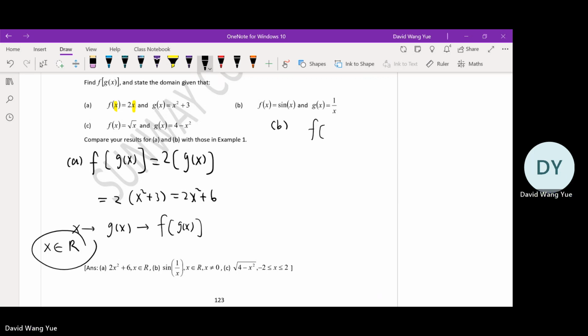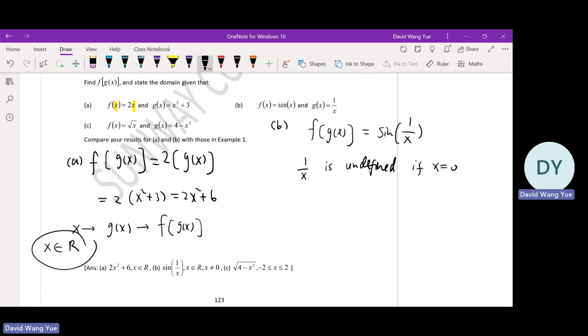Second one. f(g(x)) is sin(1 over x). For this one, we must know, firstly, that 1 over x is undefined if x equals 0.